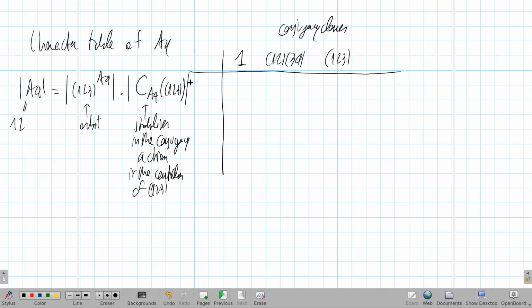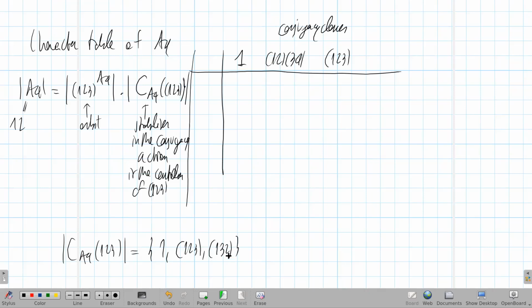Okay, so orbit stabilizer tells you that the order of the group is equal to the order of the orbit of (1 2 3) under the conjugacy action of A4 times the centralizer. This centralizer, of course, has at least 3 elements, but it's actually this one.